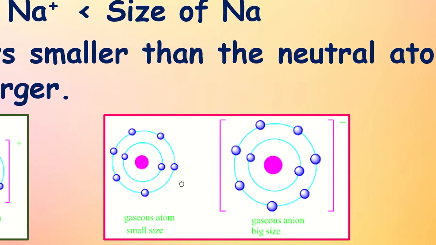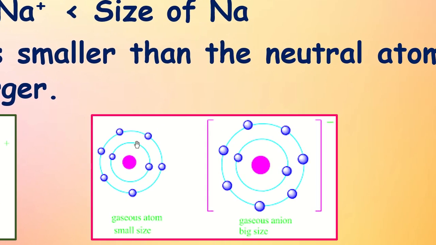In the case of anion, it is a neutral atom, and by the gain of an electron it forms a negative ion, which is called an anion. Now between the already existing electrons and the incoming electron a little repulsion occurs, and to accommodate all these electrons size will be a little increased, because nuclear charge is the same but the number of electrons is increased.